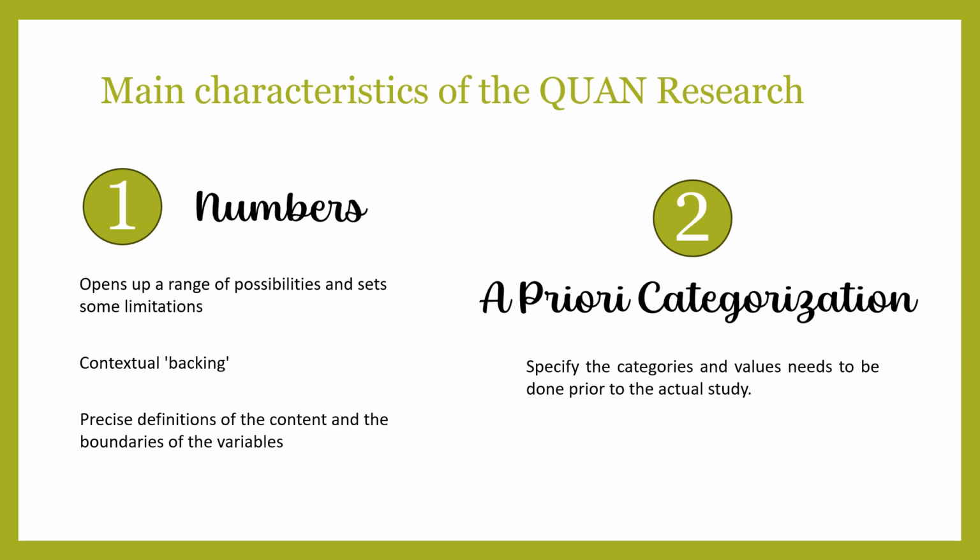Okay, the second characteristic of quantitative research is a priori categorization. As we can see, specifying the categories and values needs to be done prior to the actual study. We have to develop our study through time, maybe several weeks or months.